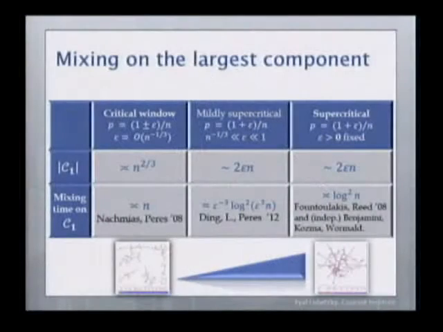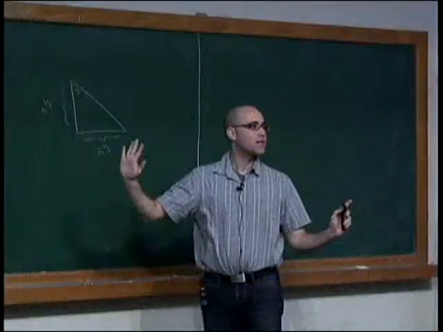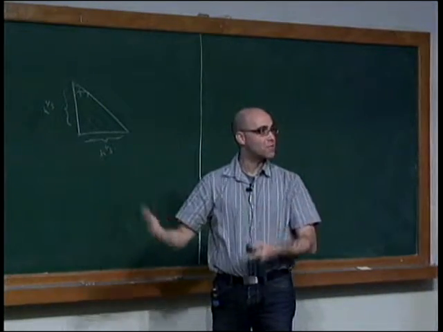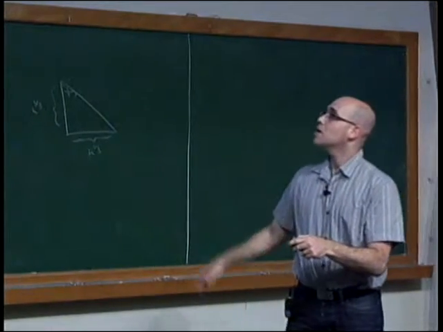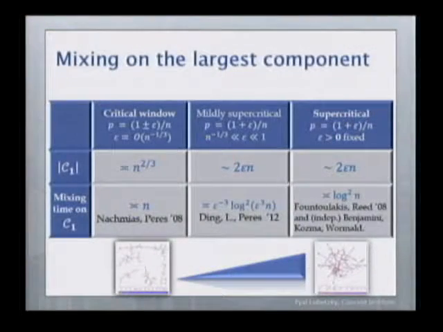Which means that the upper bound here, in this paper by Nachmias and Peres, is implied by just saying, well, of course, this is just a heuristic upper bound because this really isn't a random tree and you need to work, and they use beautiful martingale methods here. But suppose that this just was a random tree and this was its diameter, then you can just multiply the diameter by volume.